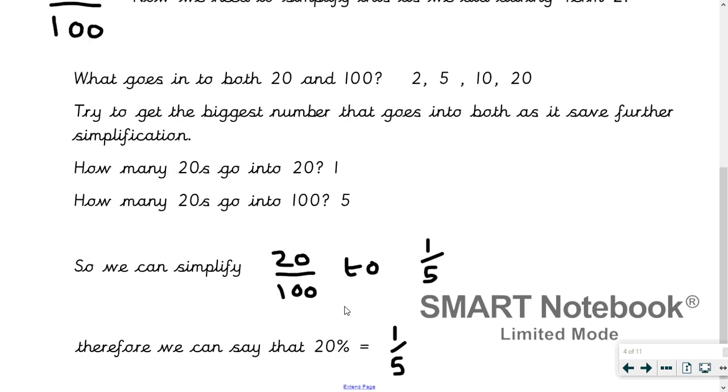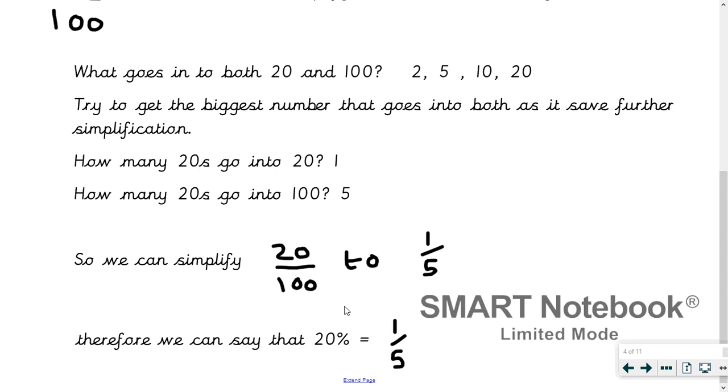So we can simplify 20 over 100 to 1 over 5, which is 1/5. We cannot simplify that anymore because there is nothing apart from 1 that goes into 1 and 5. So therefore we can say that 20% equals 1/5 in its simplest form. So the way to do it, percentage, write it over a denominator of 100 and then simplify it.